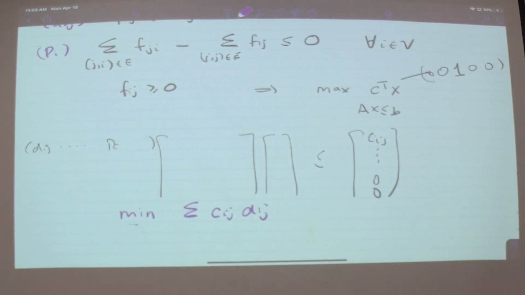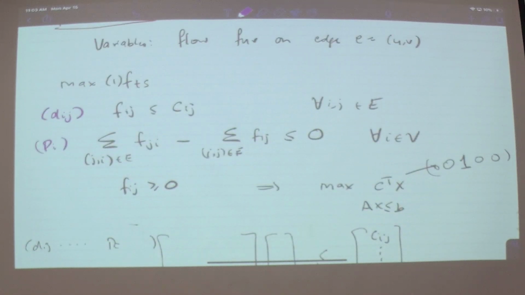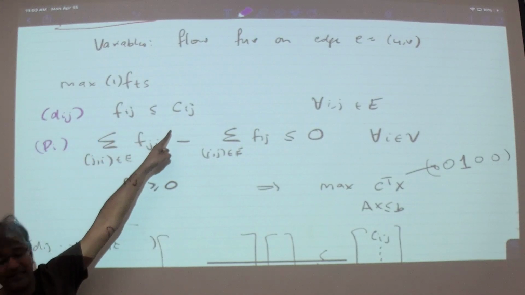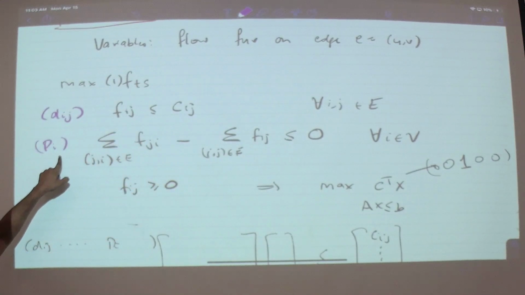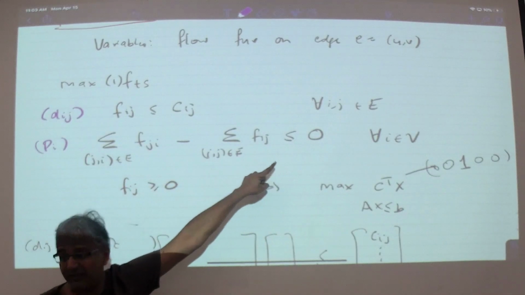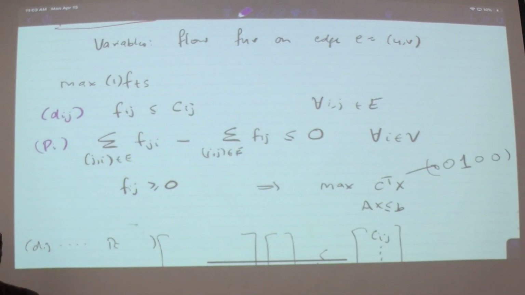Again, this is purely mechanical. I looked at what the Y looks like, what the b looks like, and just took the dot product because you lined them up that way. The way to think of this is that the dij dual variable should be matched up with what's on the right side of that. The pi dual variable should be matched up with what's on the right side of that. These are zeros, so you get that.